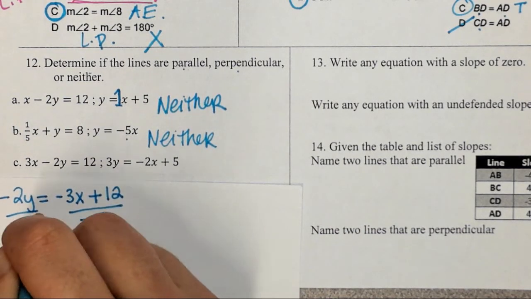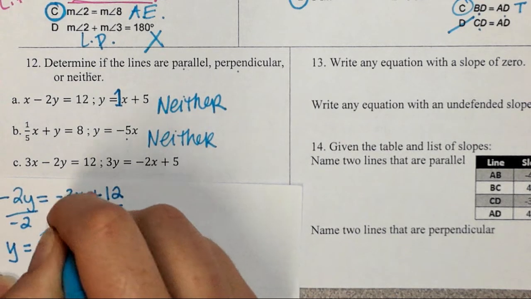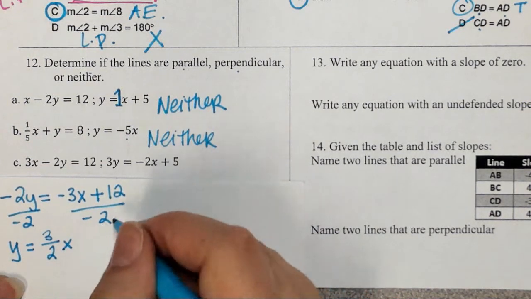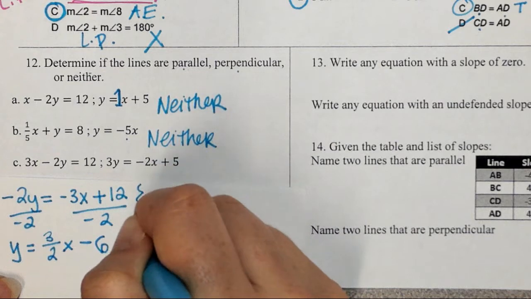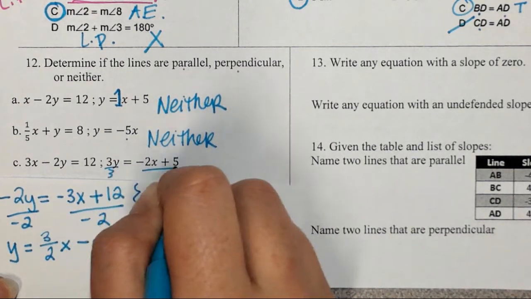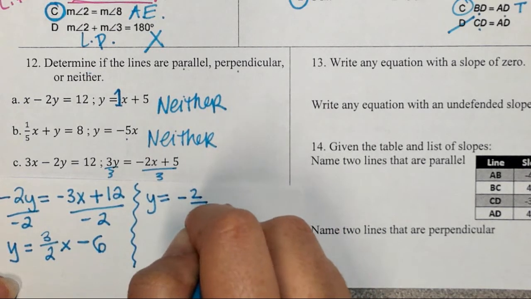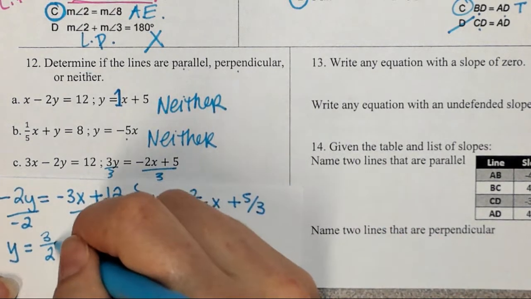Divide by negative 2, we get y is equal to positive 3 over 2x, since the negatives will take each other out. Okay. And then 12 divided by negative 2 is negative 6. On the other side, I need to divide everything by 3. So this becomes negative 2/3 x plus 5/3.